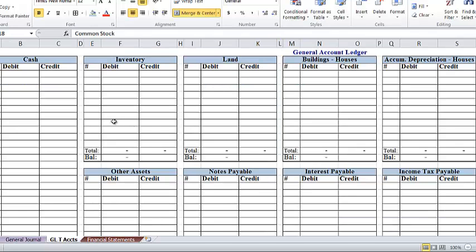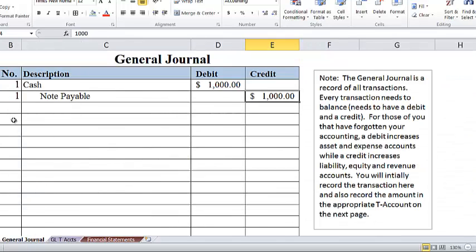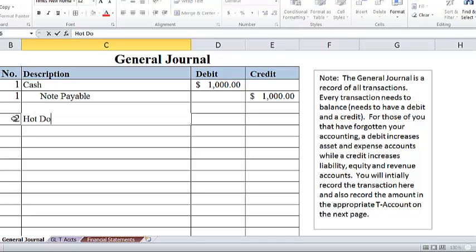Then I come over to my general T accounts and I'm going to say, well, for entry number 1, I know that I had cash of $1,000. And I also have a note payable of $1,000. Now with that cash, I go out and buy maybe some hot dog buns. I'm going to sell hot dogs.